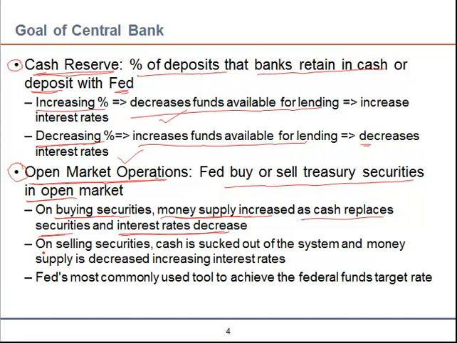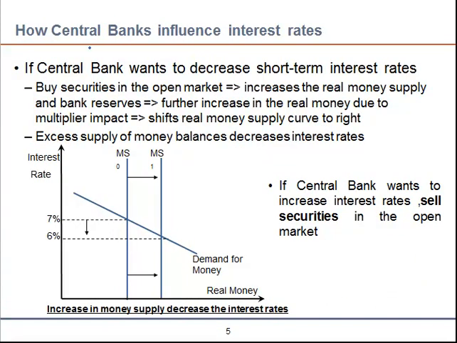On the other hand, if the central bank sells some securities, then cash is sucked out and hence money supply reduces, which results in an increase in interest rates. So we can say open market operations is the Federal's most commonly used tool to achieve the federal funds target rate.